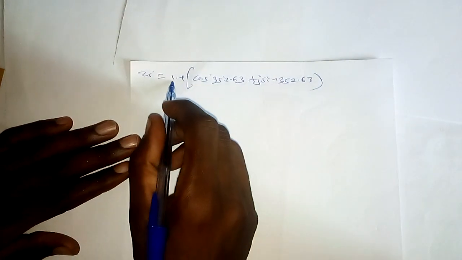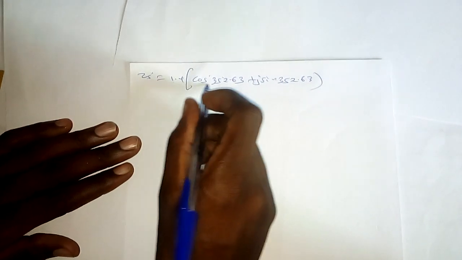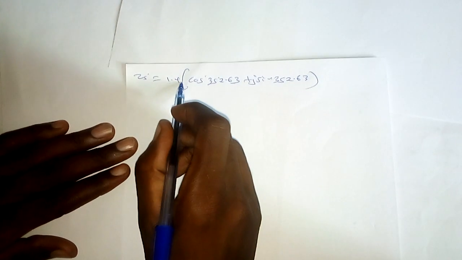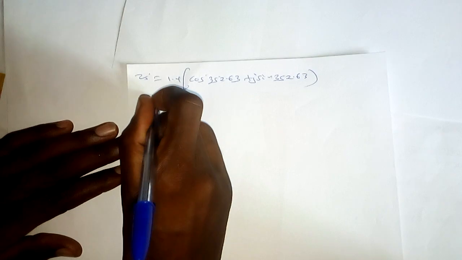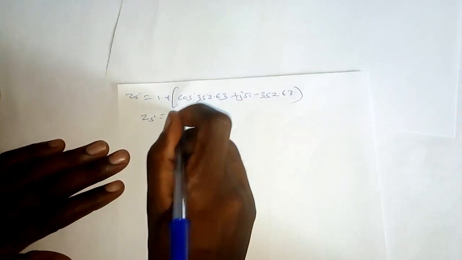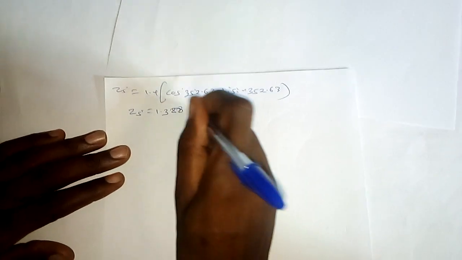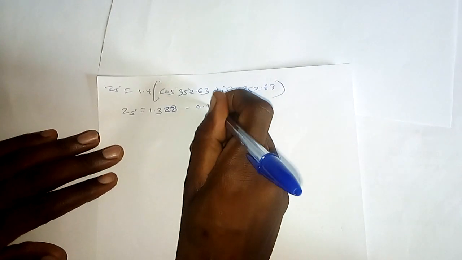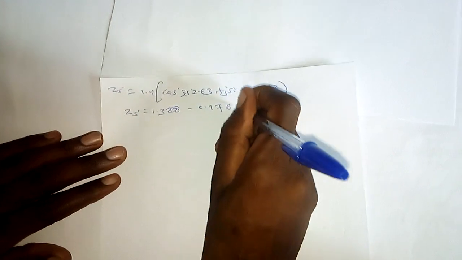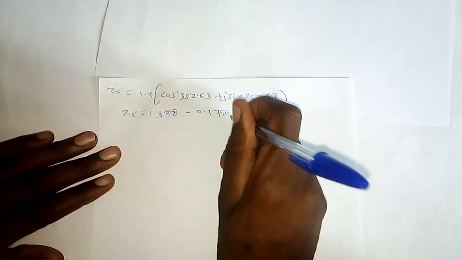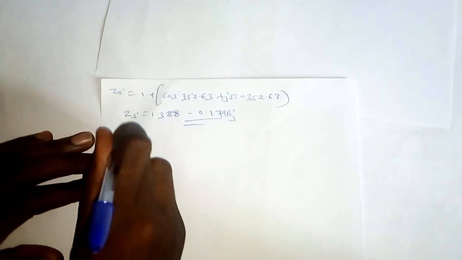If you simplify out, z5 is 1.388 minus 0.1796j.